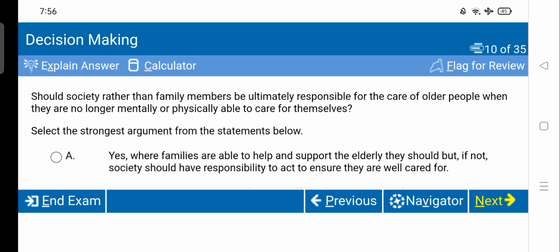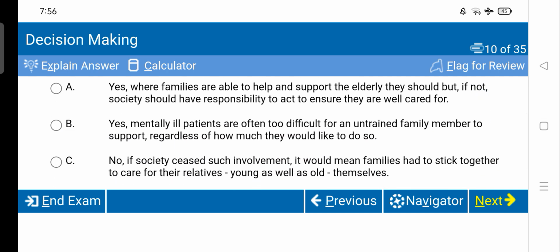Option A, yes, where families are able to help and support the elderly, they should, but if not, society should have responsibility to act to ensure they are well cared for.